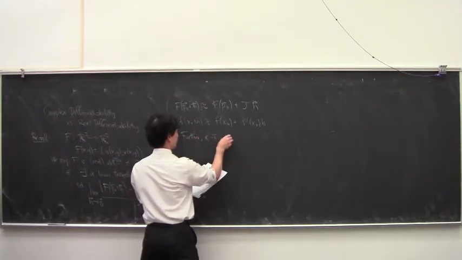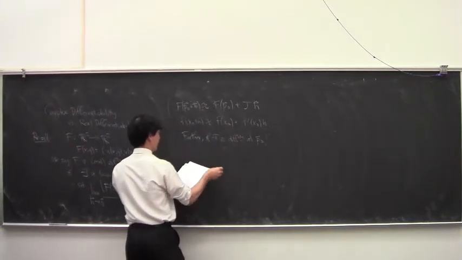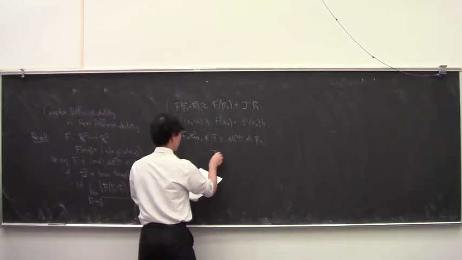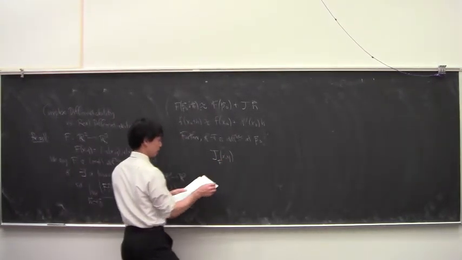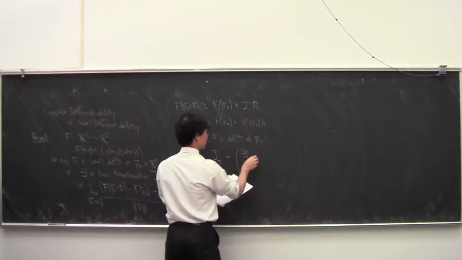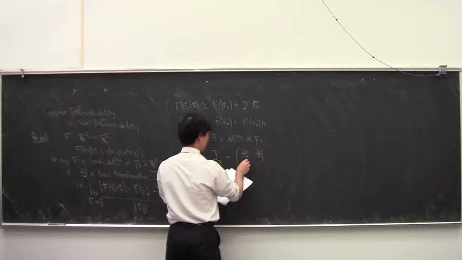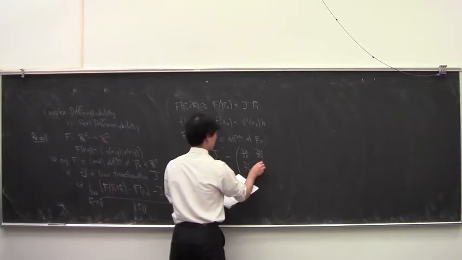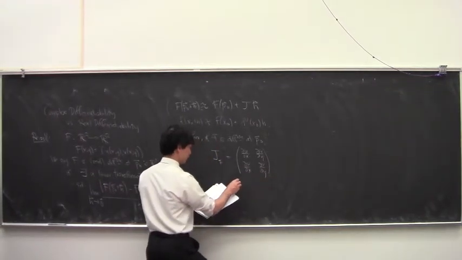And further, if f is differentiable at p naught, then the J there is going to be this matrix: partial of u with respect to x, partial of u with respect to y, partial of v with respect to x, partial of v with respect to y, which is called the Jacobian matrix.